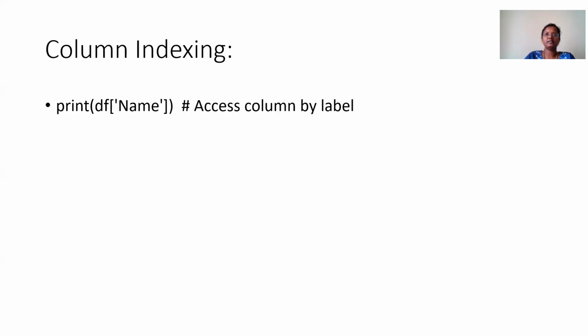Column means vertical. I already said that when you input data and convert any kind of data into a data frame, it will be converted into rows and columns. In those rows and columns, suppose you want to extract a particular column which is labeled as name.